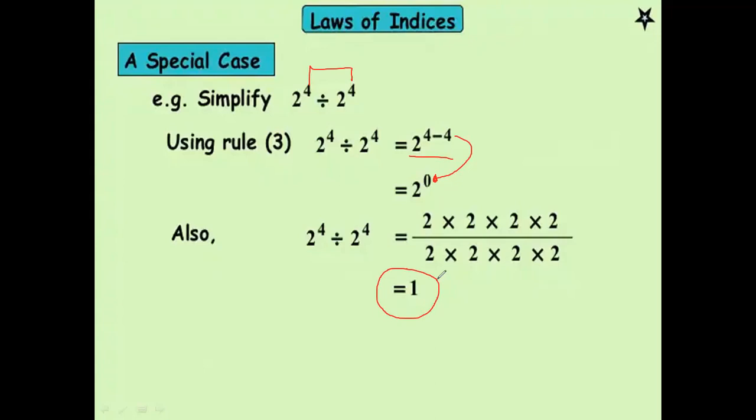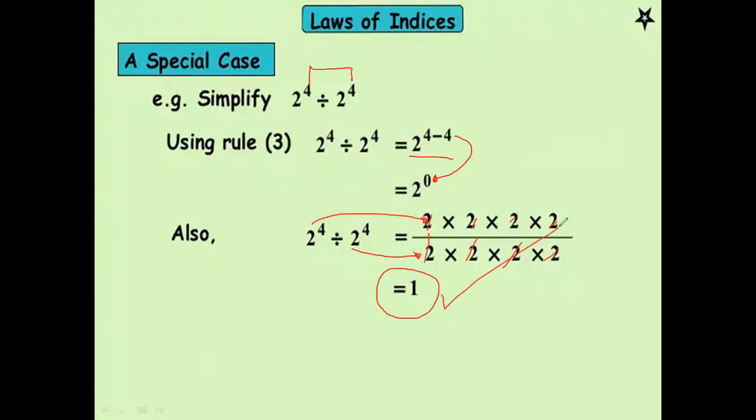Why? Now take a look. 2 to the power of 4 written in repeated multiplication, and you have 2 to the power of 4 as the denominator, so we can cancel it out: 2 and 2 and 2 and 2 over 2 and 2 and 2 and 2. Therefore, that is equivalent to 1. That is a special case.